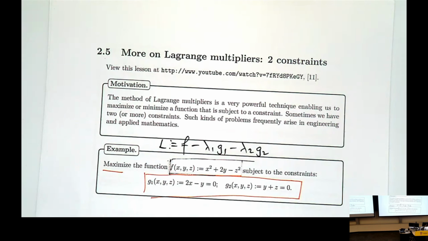So using this more general format, let's see what happens. I'm not going to do grads or deltas or dells or whatever. Let's just do the Lagrangian and find the critical points of the Lagrangian. That should be enough.